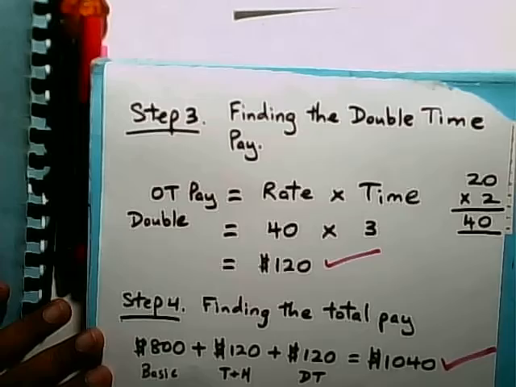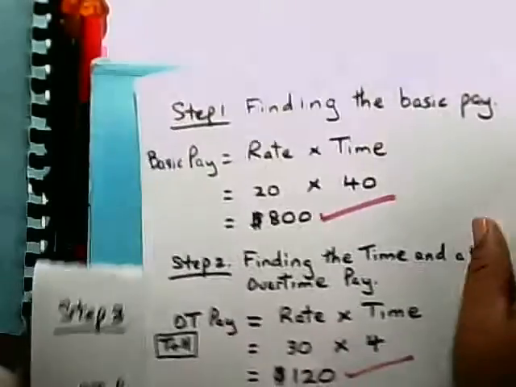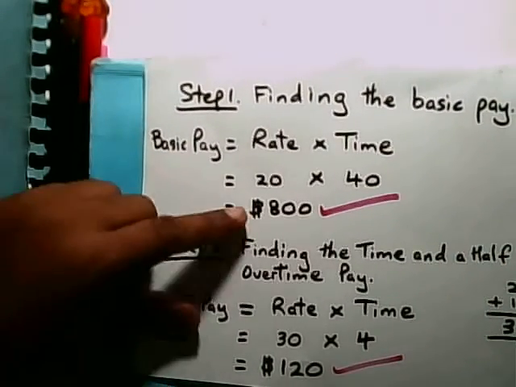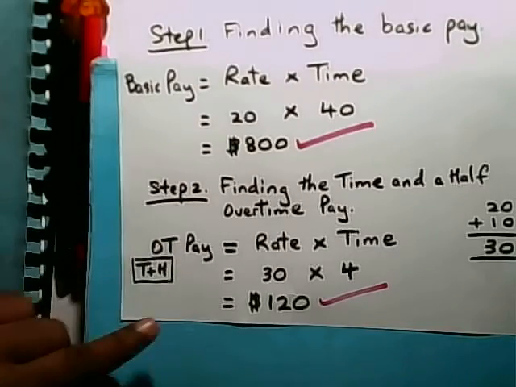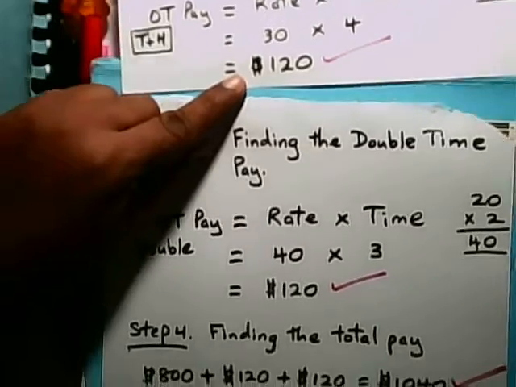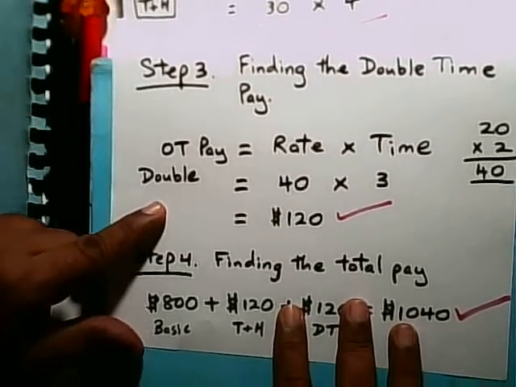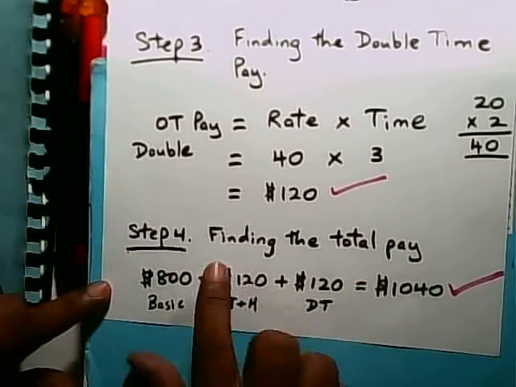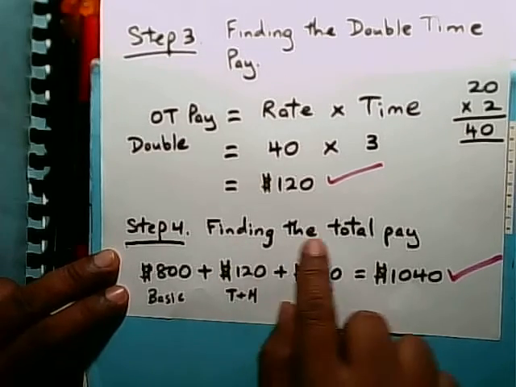Okay, so now that we've worked out all of this, we worked out his basic pay, his time and a half pay, and his double time pay. We then add it up to get his total pay.